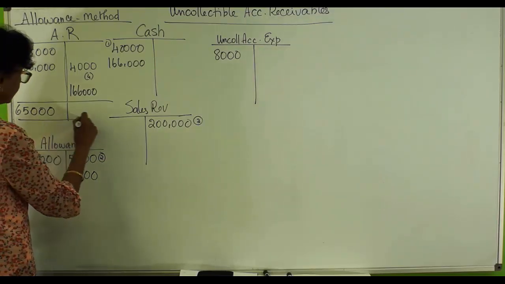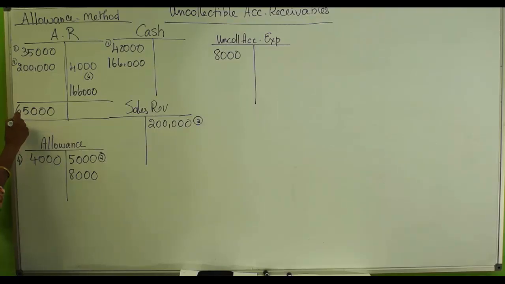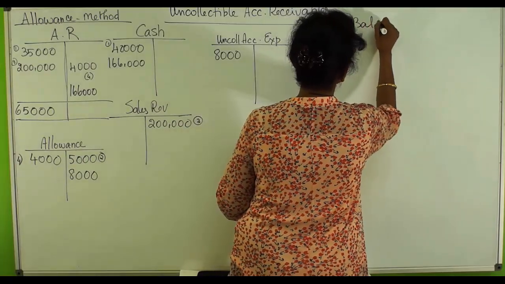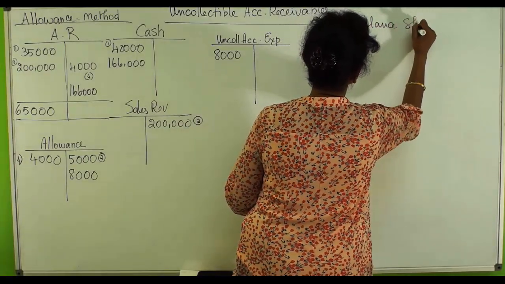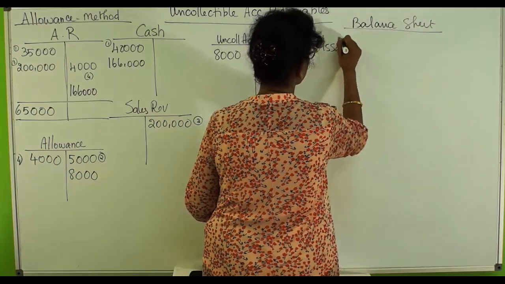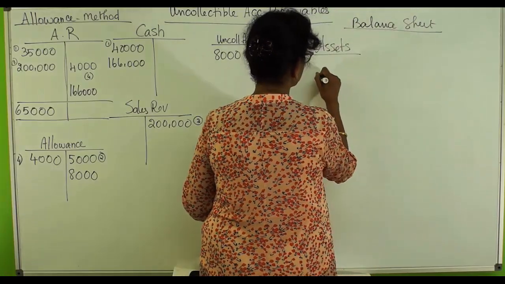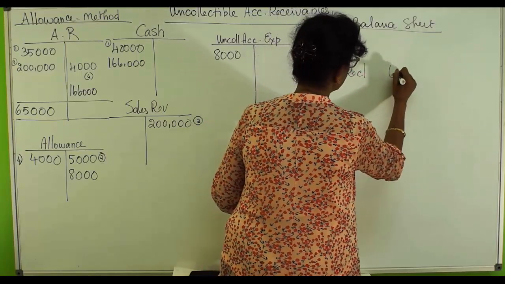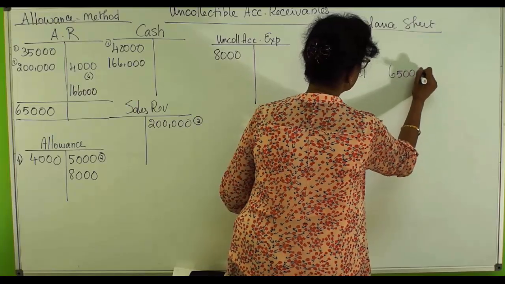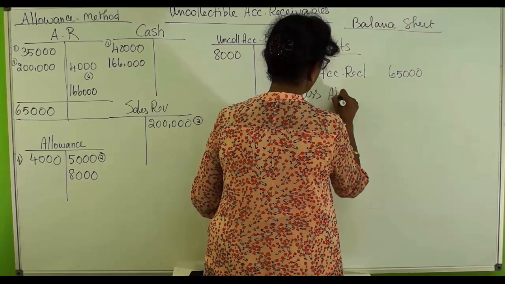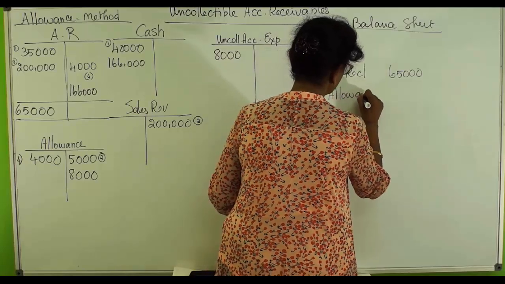Now the balance in the accounts receivable is $65,000, and how are we going to present it in the balance sheet? In the balance sheet, under the assets, first you will put the accounts receivable $65,000, and from this, less the allowance balance.